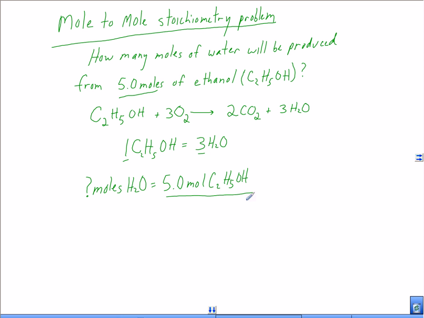Now, we've talked about in class how different types of stoichiometry problems require different numbers of brackets, this being the first bracket, this being the second bracket. And again, all this is a couple of fractions. And I've taught you in class if you want to separate these out, that's fine.